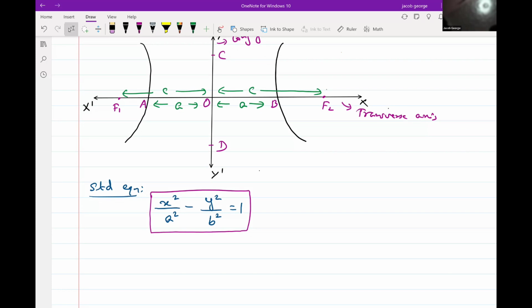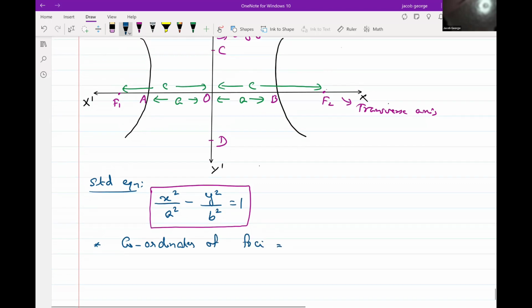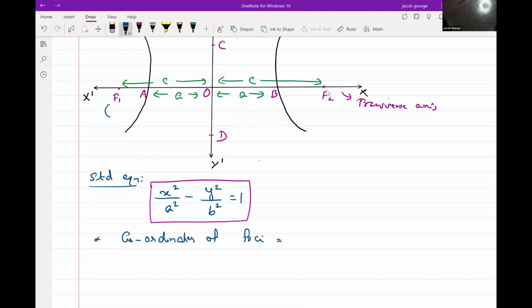Then we write the vertices, foci and the remaining points. Coordinates of foci. Can you say what are the coordinates of foci F1 and F2 here? By looking at the distances, F1 is at a distance c units.